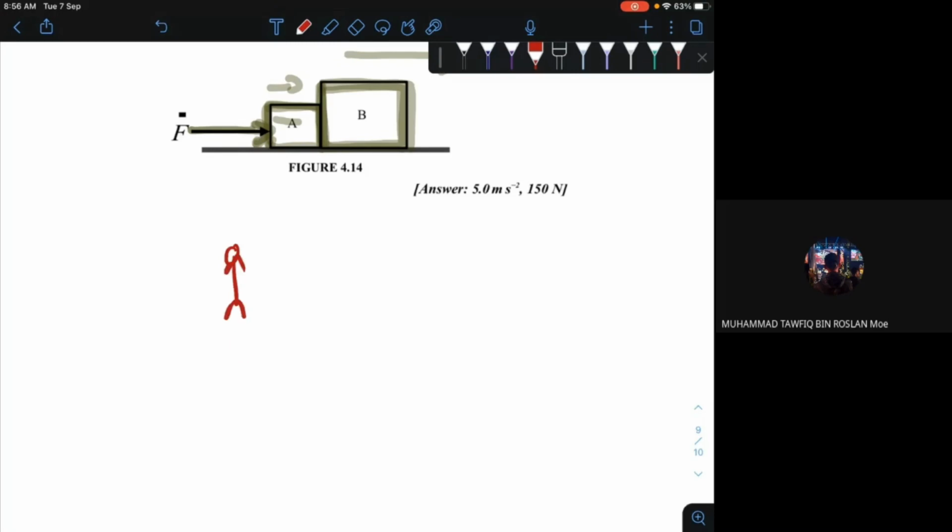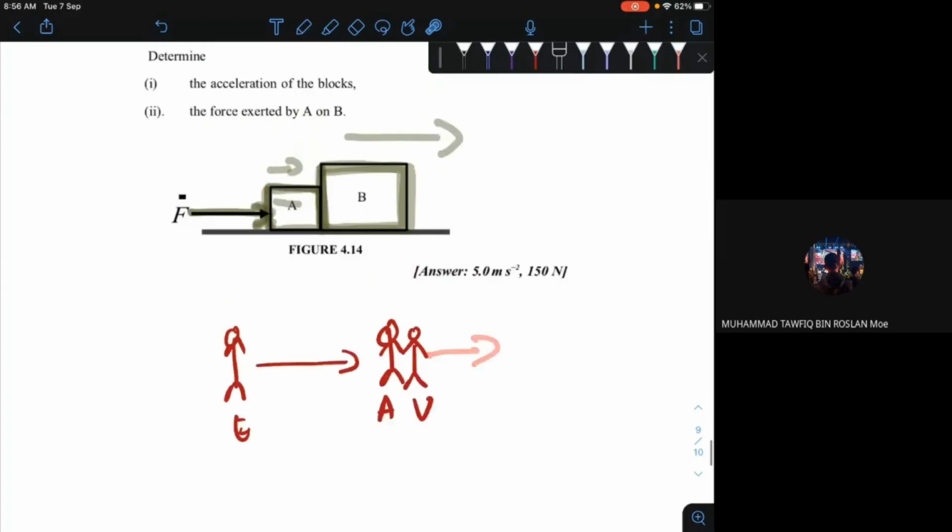Lepas tu kita ada Aaron dan juga Varen. Aaron dengan Varen ni pegang tangan. Berdiri rapat-rapat. Okay. So si Eric tolak si Aaron ini. Okay, bila dia tolak si Aaron ini tertolak. So tolakan pada Aaron ini akan kena pada Varen because they are in contact with each other. So ini menyebabkan Varen pun bergerak.